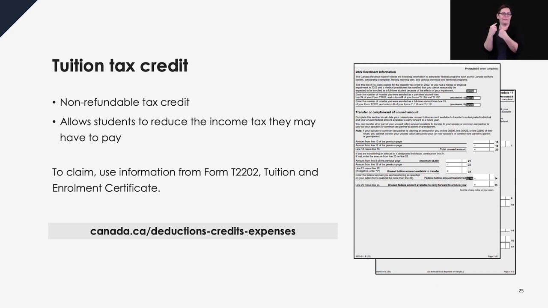One of them is a tuition tax credit. To claim this credit on your tax return, use the information from Form T2202, Tuition and Enrollment Certificate. Your educational institution should provide you with this form by the end of February each year. You will be able to enter the information on your tax return by completing Schedule 11.